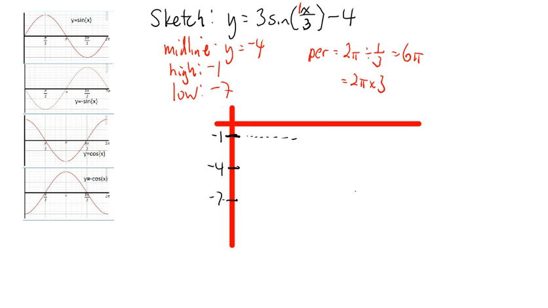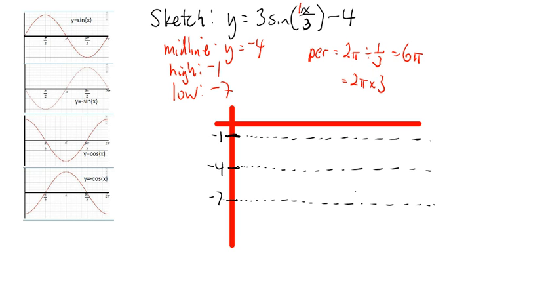All right, then I'm going to draw some guidelines here. And now I want to draw my shape. I've got a positive number in front of a sine function, so I'm starting on the midline and going up first. And then back to midline, lowest, back to midline.